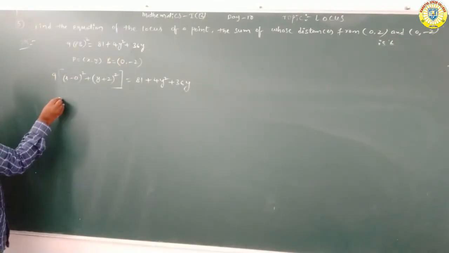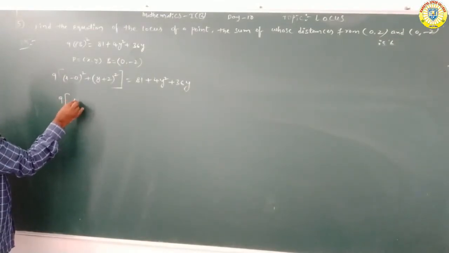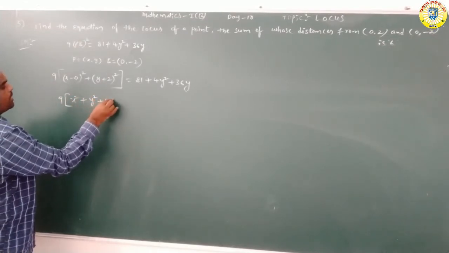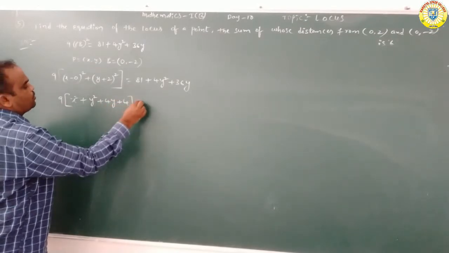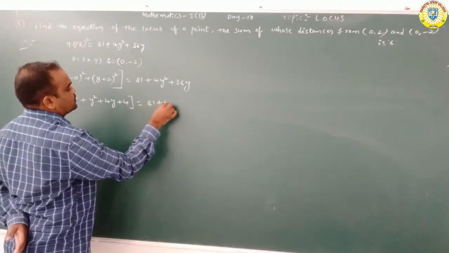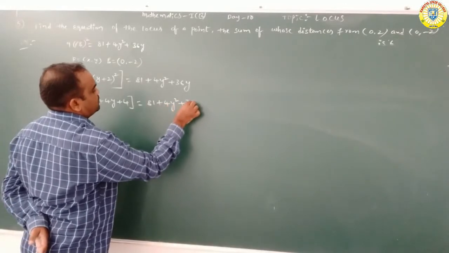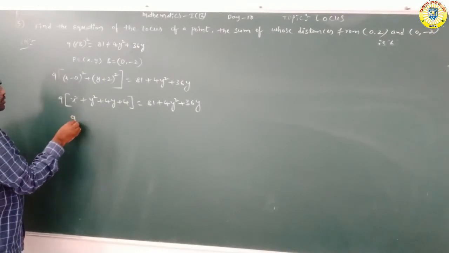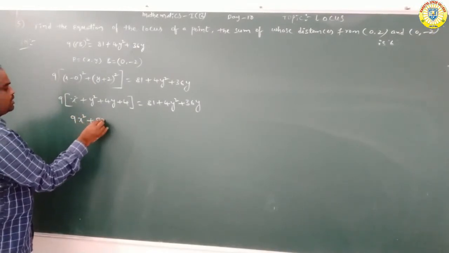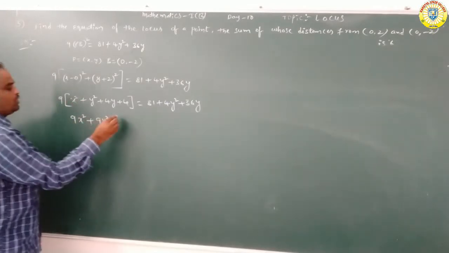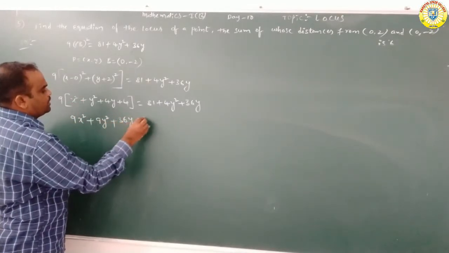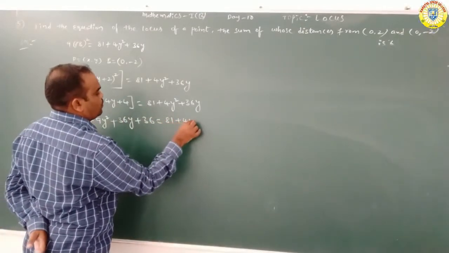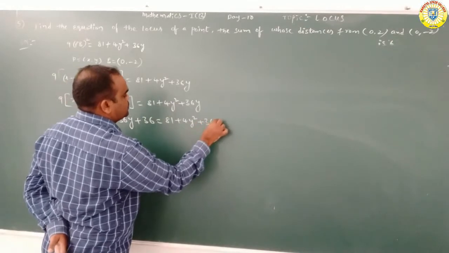Okay now, so 9 into (x - 0) is nothing but x square, plus (y + 2) whole square, y square + 4y + 4, is equal to 81 + 4y square + 36y. So now this value is multiplied inside: 9 into x square, 9x square plus 9y square, 9 into 4 is 36y, plus 36, is equal to 81 + 4y square + 36y.